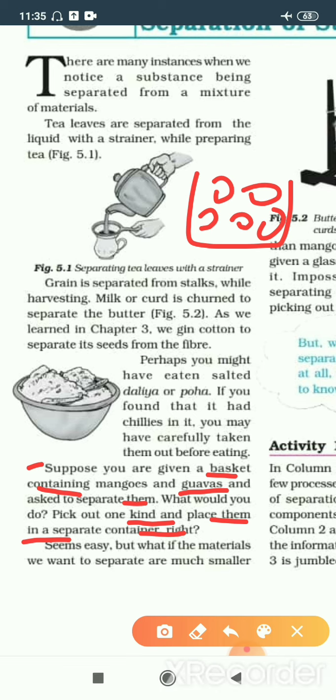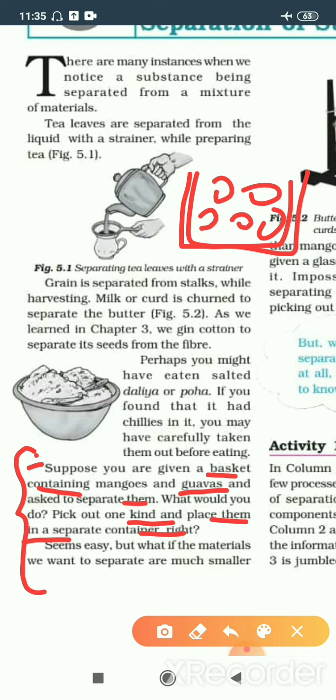In the last chapter we had seen the properties of material. All these properties we can use here in chapter number 5, that is, separation of substances. So we can easily see guavas are green in color and mangoes are yellow in color.